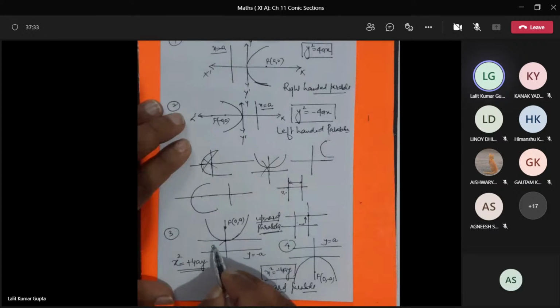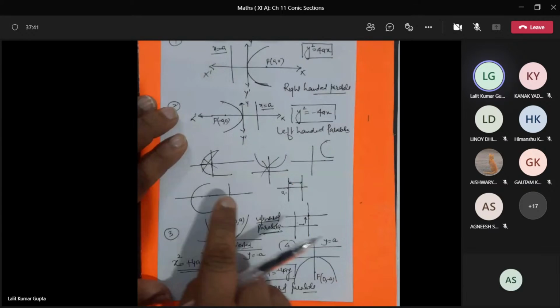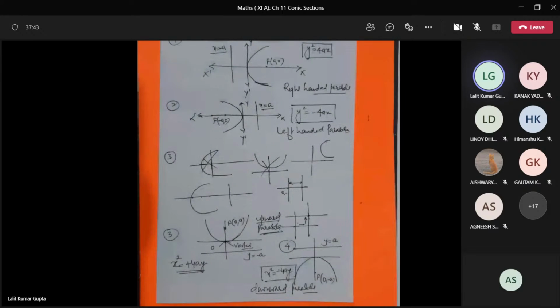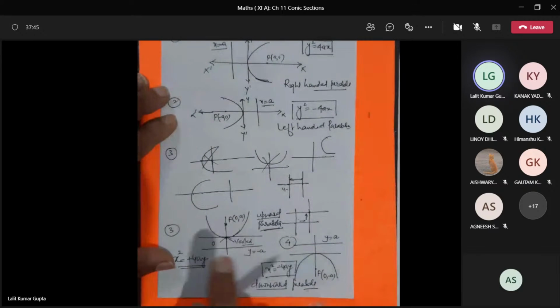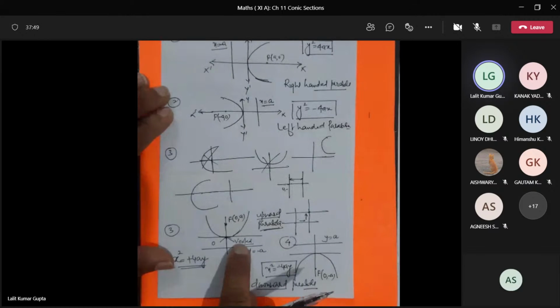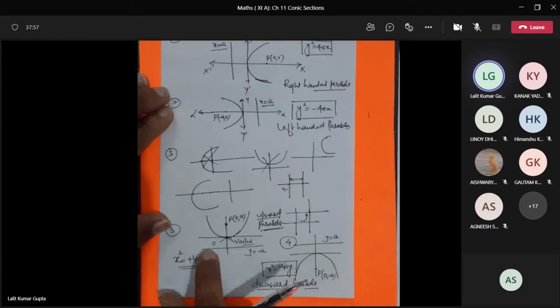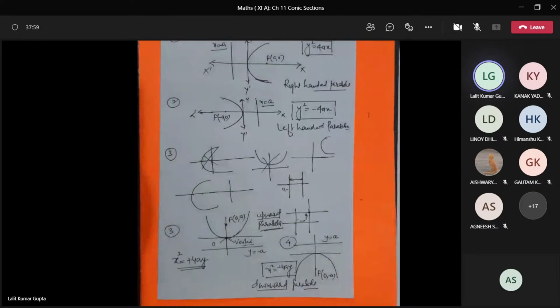Either you can say origin, or another name we have learned, it is vertex. Remember this thing. Vertex and origin are the same in a standard parabola. Vertex will change if we shift the origin, beta. That means in shifting and applications the vertex will change. But now in this situation, in all the 4 parabolas, the vertex is at the origin. We will say here the vertex is at the origin always. Okay? Shall we move, beta?